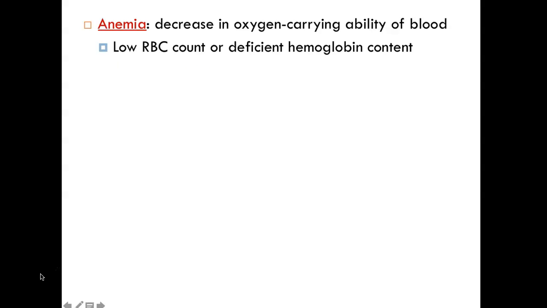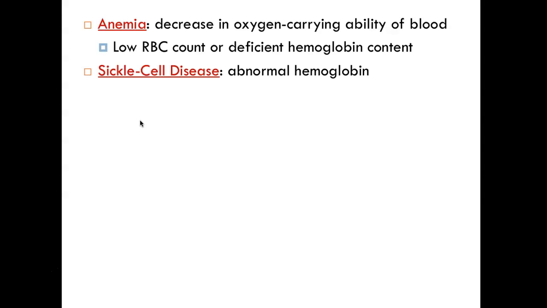But normally, to treat anemia, a person is going to take an iron supplement, really boost the iron content in hemoglobin, and hopefully be able to carry oxygen a lot better. You can imagine if someone has a decreased oxygen carrying ability, decreased oxygen to organs is going to result in fatigue, getting tired very quickly, and breathlessness.